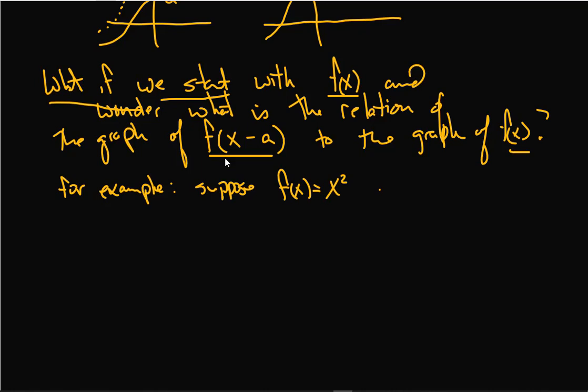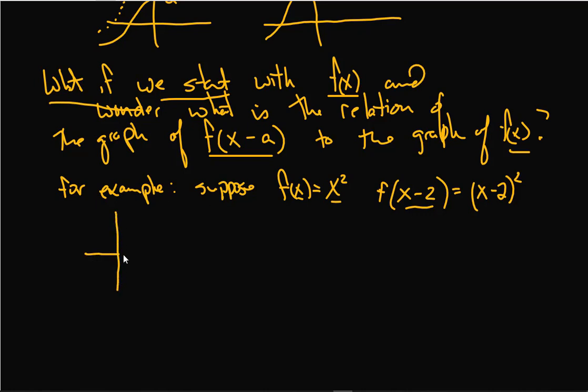For example, suppose that f of x equals x squared again, and suppose we now ask what is f of x minus 2 inside. So what does that look like? Of course we know that it looks like x minus 2 squared, because whatever we put in for x, we're supposed to square it. We're putting in x minus 2, so we have to square that. But how can we imagine the difference in the two graphs?